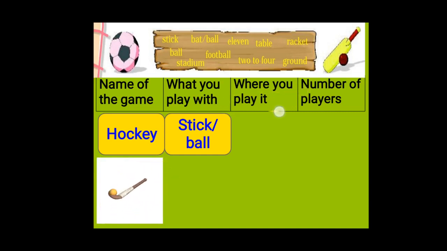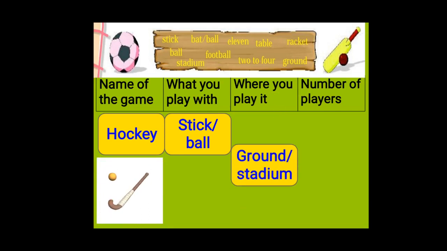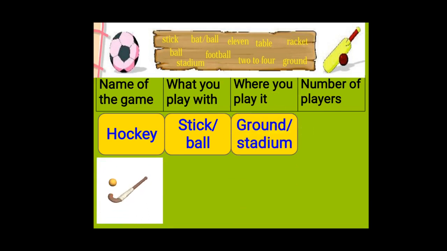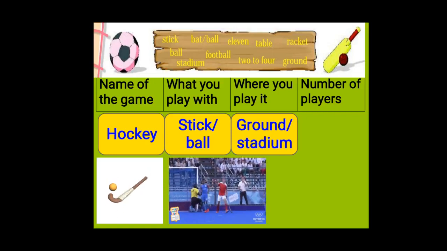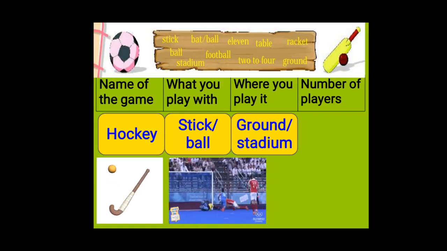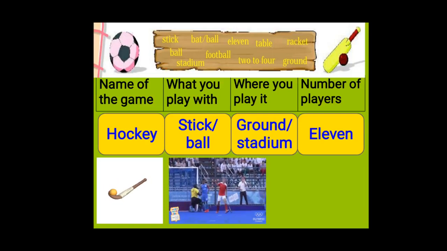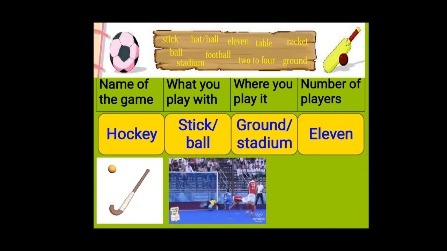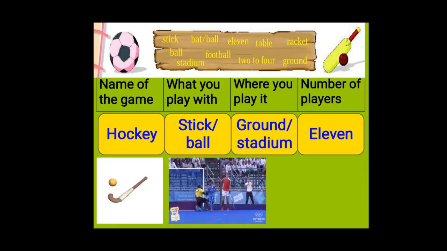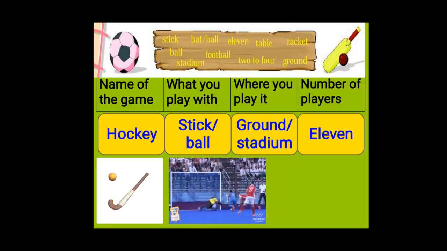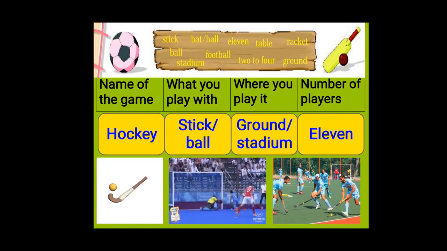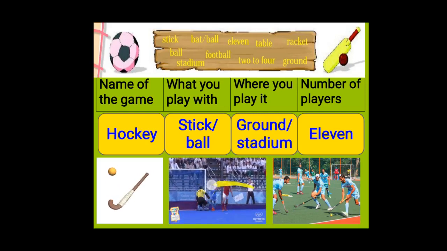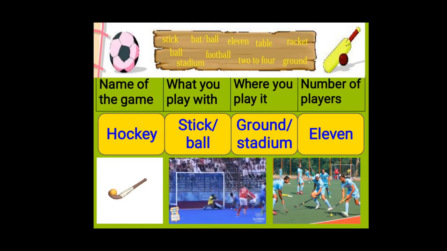Where you play it? So again, you play it in ground or stadium. Then number of players. How many players are there in hockey team? Again, it is 11. There are 11 players in one hockey team. So in this picture also you can see the stadium where hockey is being played.